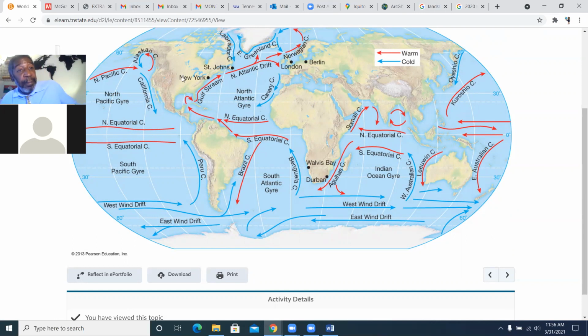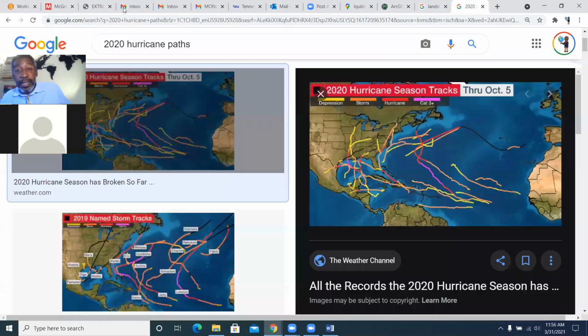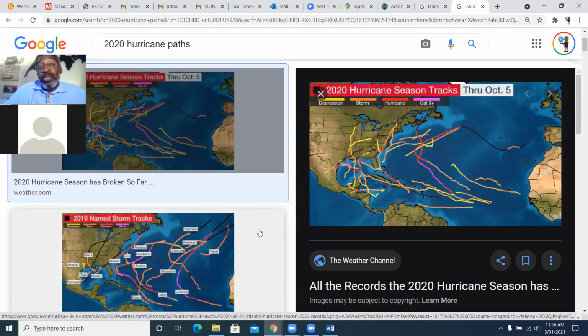Now, obviously, the opposite occurrence is La Nina, which is what we had last year. So now you have a stronger flow of west to east equatorial trade winds, and that pushed all those hurricanes into North America. So during La Nina years, higher hurricane risk.